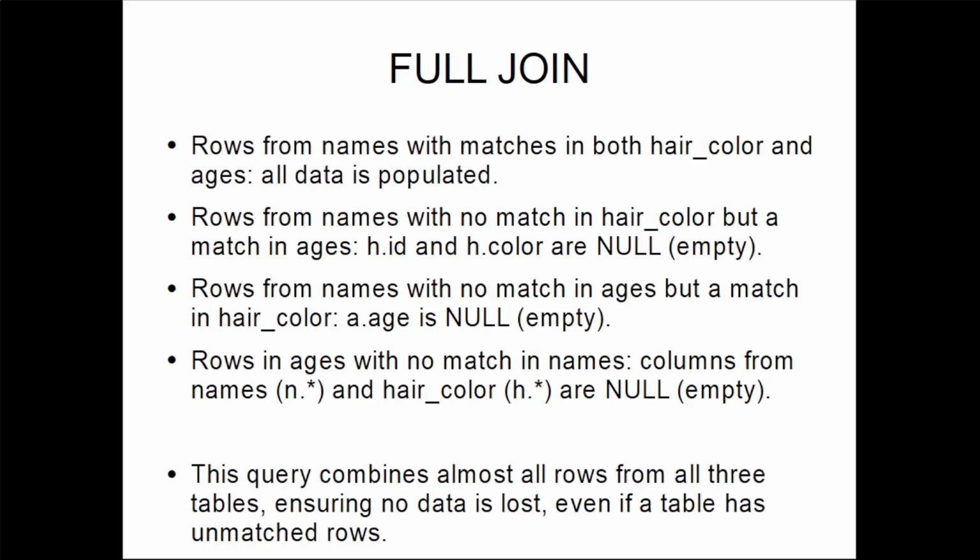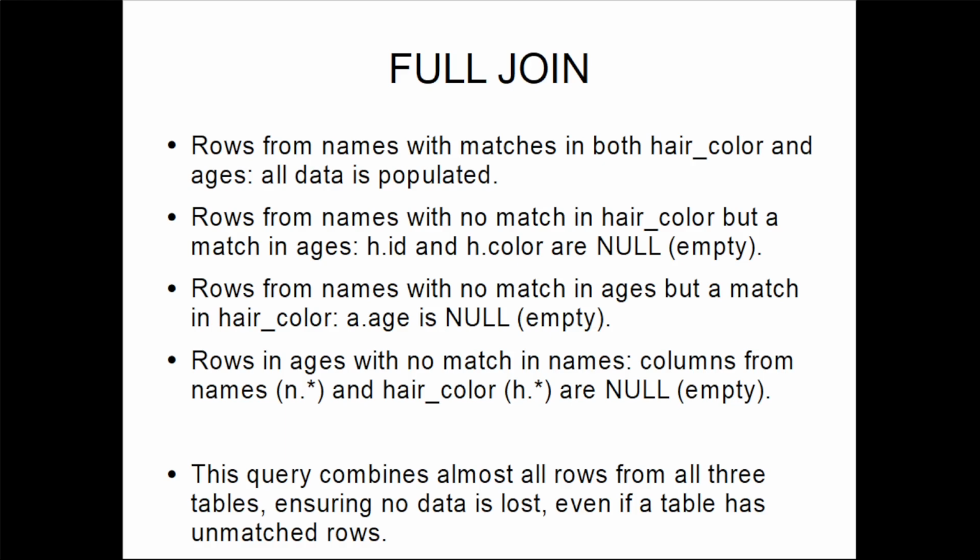How rows appear in the result. Names rows with matches in both hair_color and ages: all columns from names, hair_color, and ages are fully populated with data. Names rows with a match in ages but no match in hair_color: hair_color.id and hair_color.color are null, while names and age columns are populated.